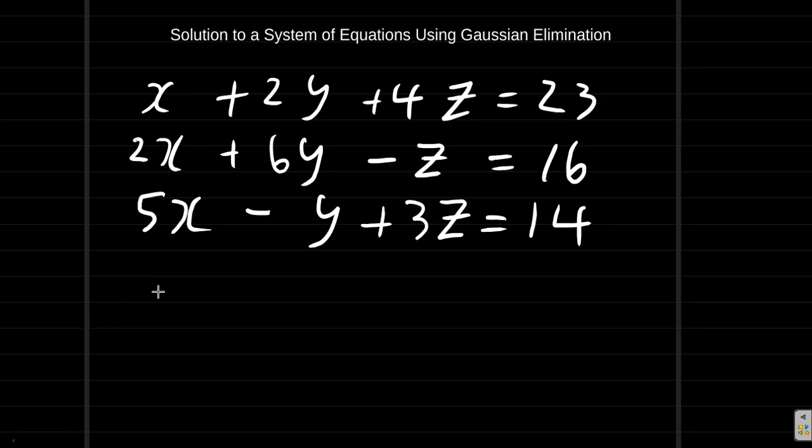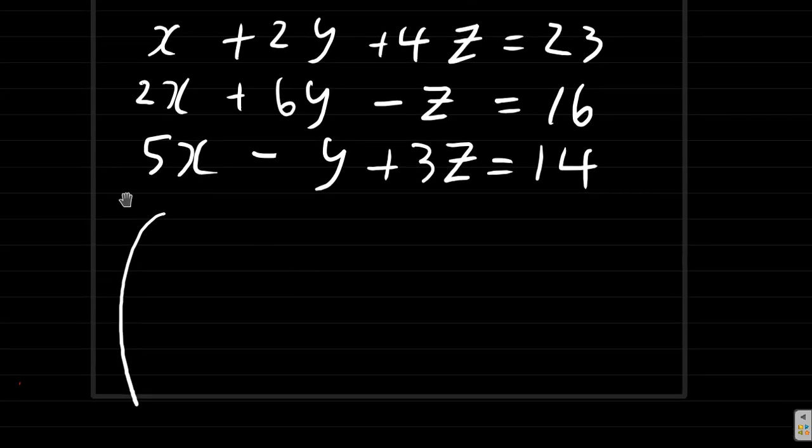Alright, what we want to do is write these equations down in matrix form, leaving out the x, y, z, and equal signs. So I have 1x, 2y, 4z, vertical line to separate the left and right hand side of the equations, and we have 23 on the right.